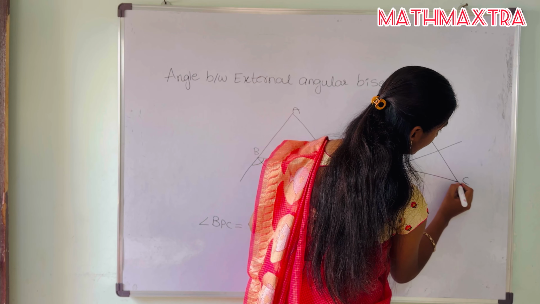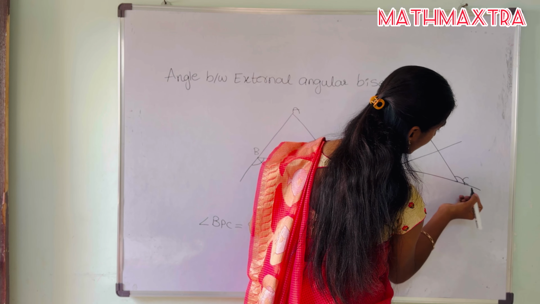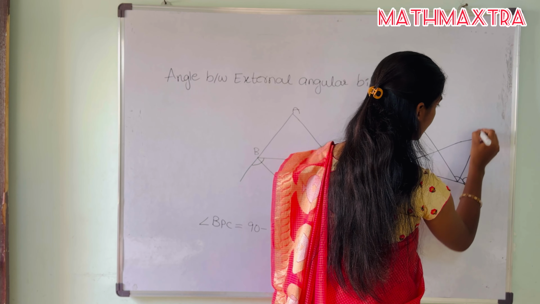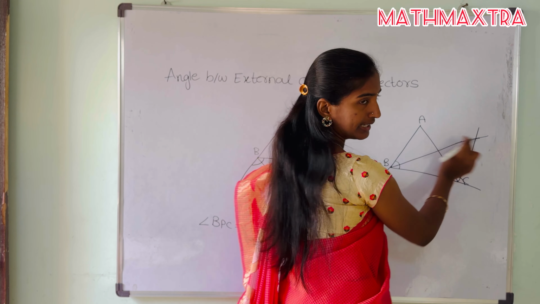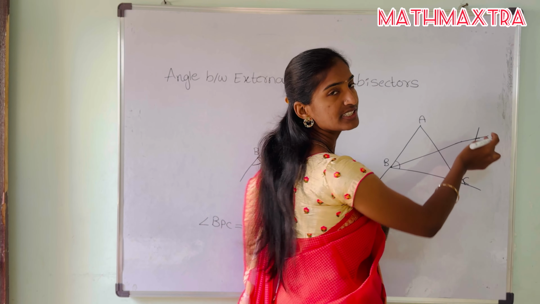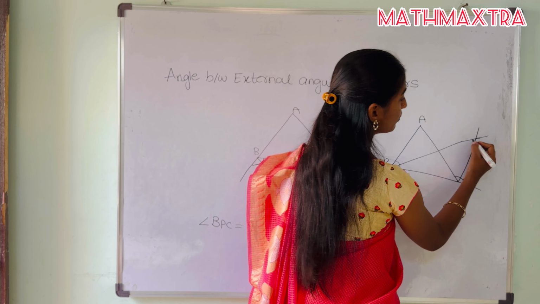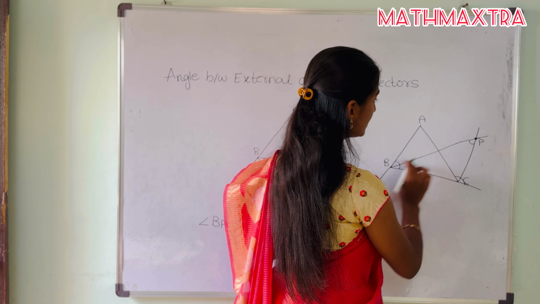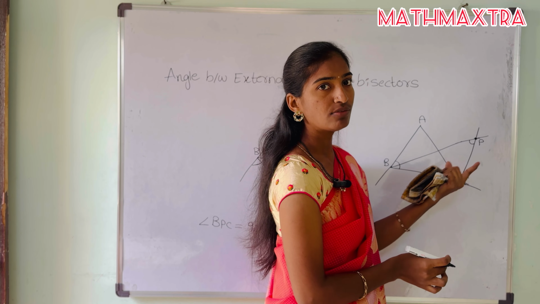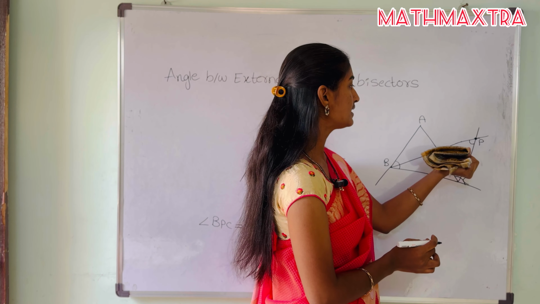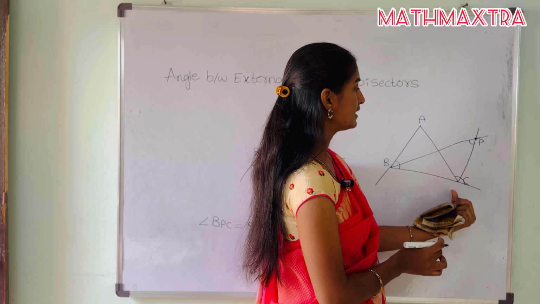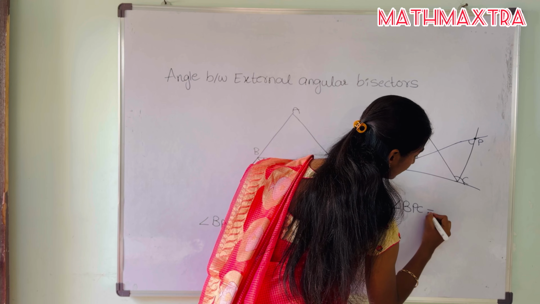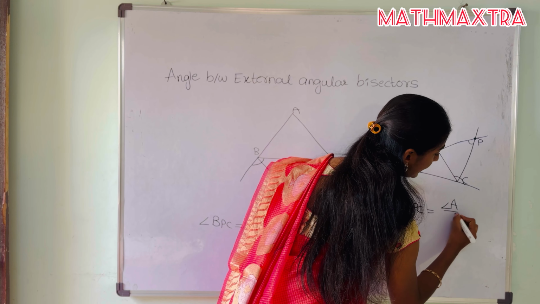And at angle C, we have one external angle, and if you draw an external angular bisector, this is one internal angular bisector and this is one external angular bisector. If these two meet at this point, somewhere here is P. If we need to measure this angle BPC, we have a relation that it is simply angle A by 2.